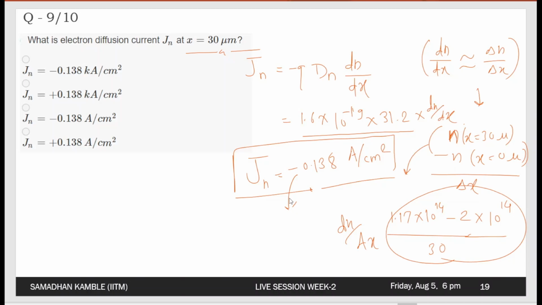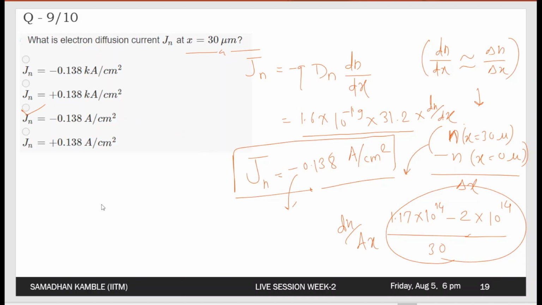It indicates the current direction, and it tells us that the current direction is opposite to the diffusion of the electrons. Hence our correct option for the electron diffusion current at x equal to 30 micron is minus 0.138 ampere per centimeter square. So option C is the correct answer.